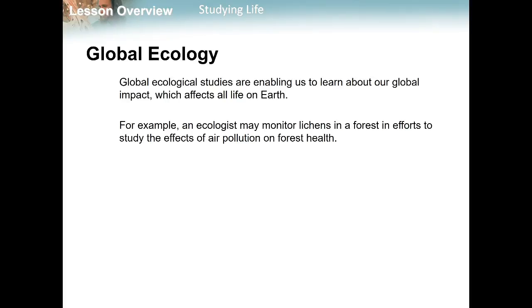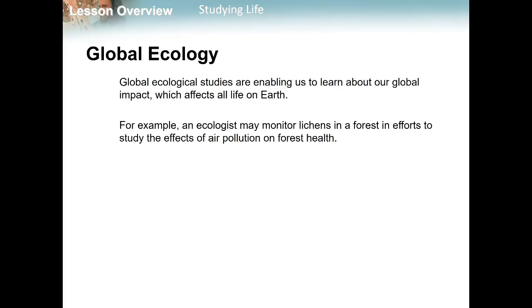Ecologists, it says as an example here, may monitor lichens. Are you familiar with lichens? Yeah, probably not. Lichens are what we call primary producers, and they are the ones that when an area has been damaged, they're like the first organism that comes in, and they're kind of scaly.